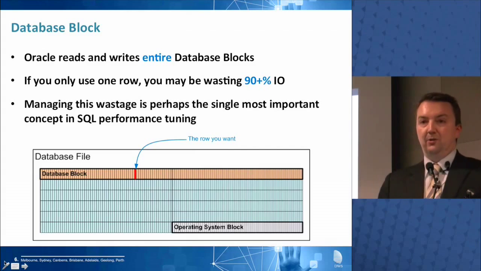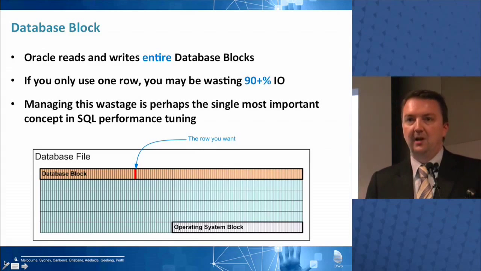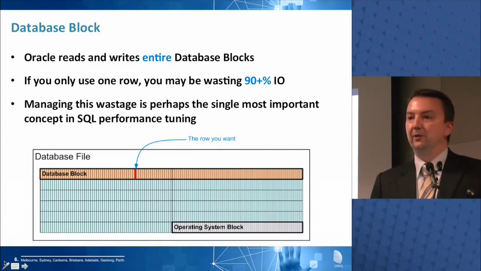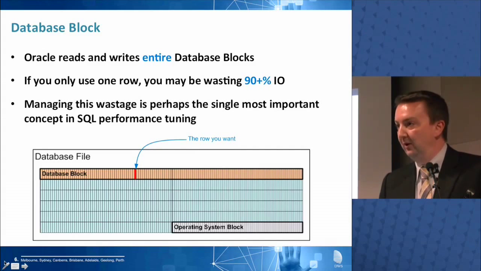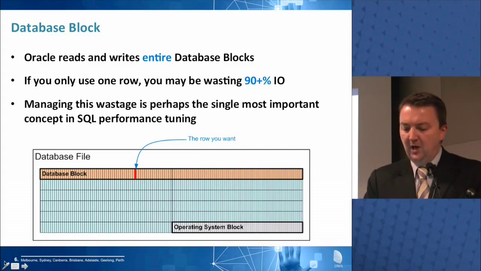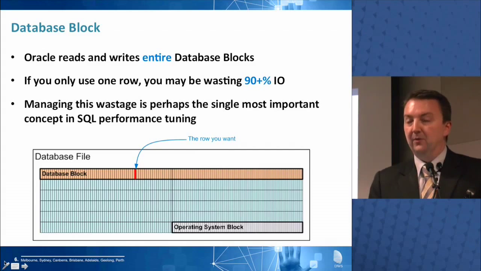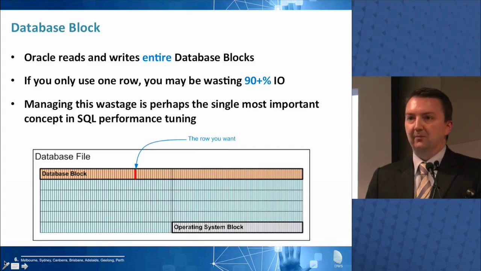In the bottom right-hand corner there, we see operating system blocks. See that this file is broken up into a number of operating system blocks. Now, Oracle's a database, not an operating system or a disk system, so it defines a block slightly differently. It doesn't define its database block as being part of an operating system block. It's one or more entire operating system blocks. So with Oracle, say your operating system is Unix.